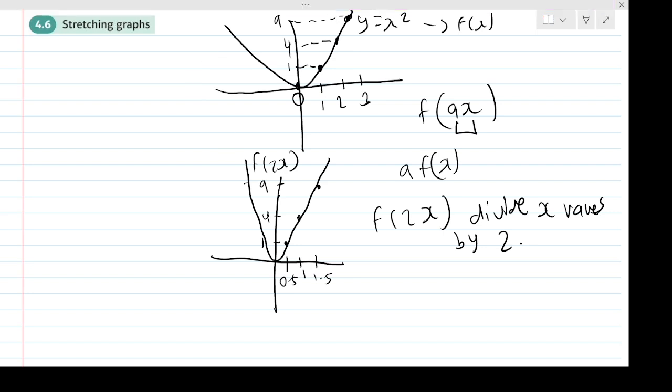Well, the x coordinates are halved. That's the only thing I've technically done. The y values will still be the same, but the x coordinates are halved. But what's happening is this kind of compression effect. What I've done essentially to the original graph is I've pushed the graph inwards from the left and the right.